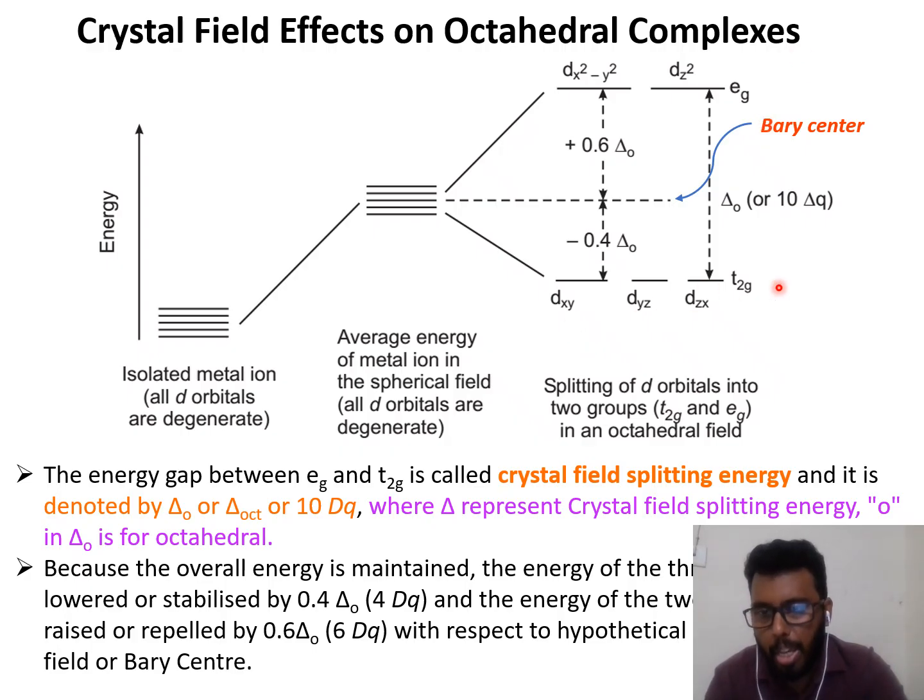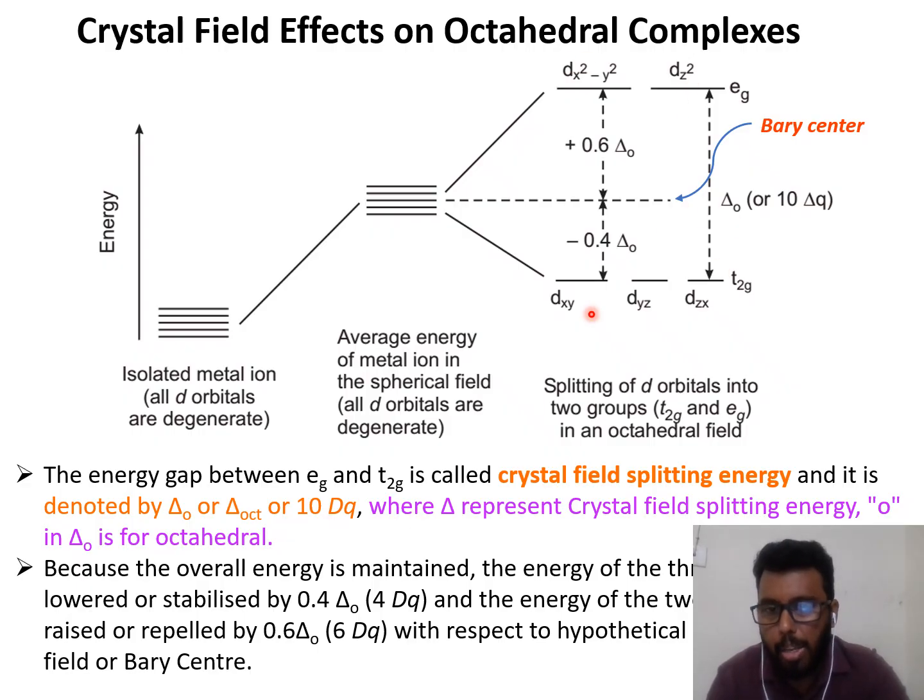So now you have two sets of orbitals, T2g and Eg. T2g is formed by three orbitals, dxy, dyz, dzx or xz, and Eg is constituted by dx square minus y square and dz square. This particular energy gap between Eg and T2g is called crystal field splitting energy. It is generally denoted by delta O, or delta octahedral. You can represent it by delta oct or 10 Dq.